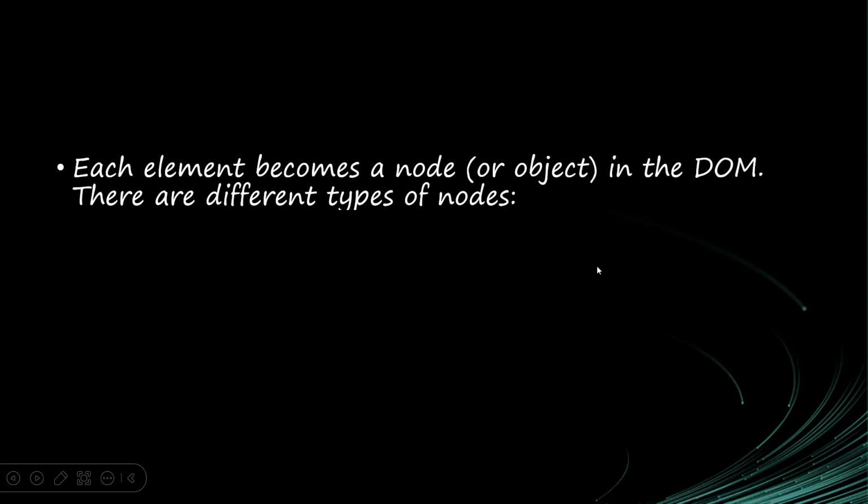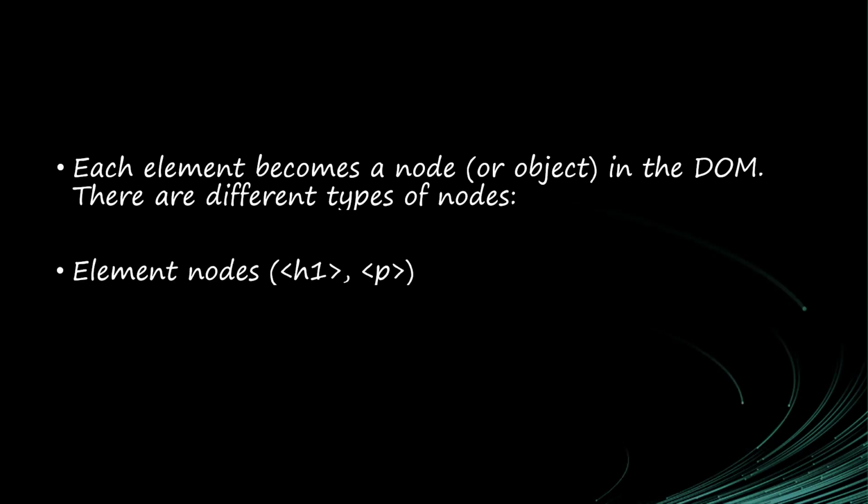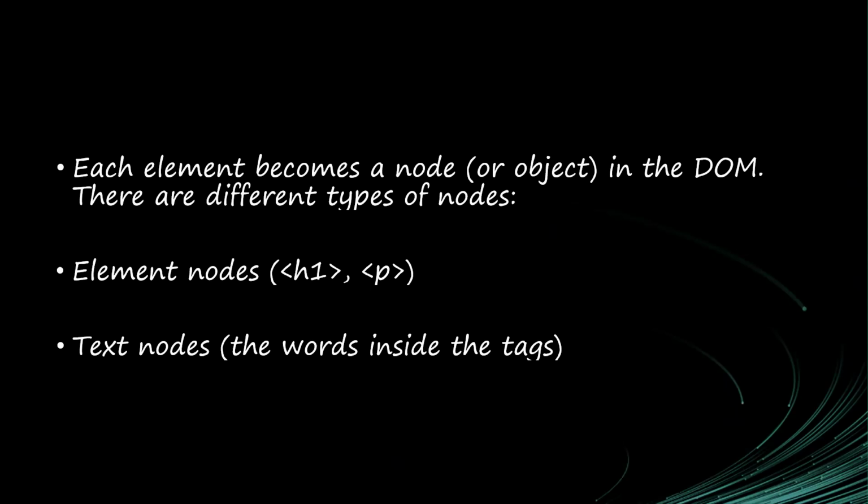Every element that you put in your HTML will become a node. Even the text you write in your HTML will become a node. So we have the element node, we have the text node, that's the text you write in your HTML, we have the attribute nodes, and we have the comment nodes. We are going to talk about nodes later on, about the different types of node and what they mean.